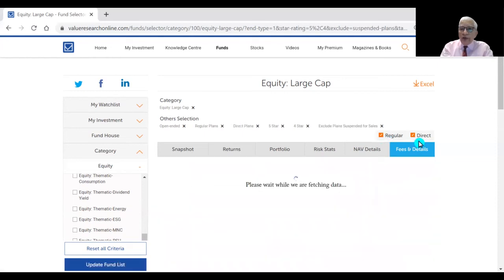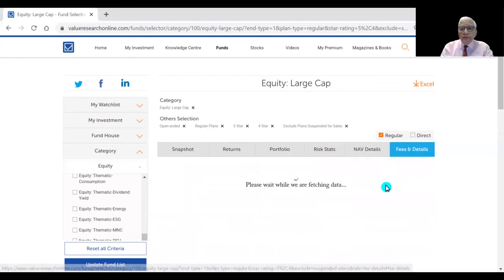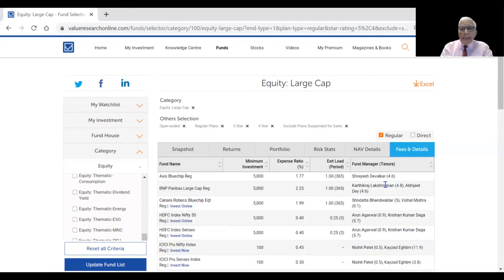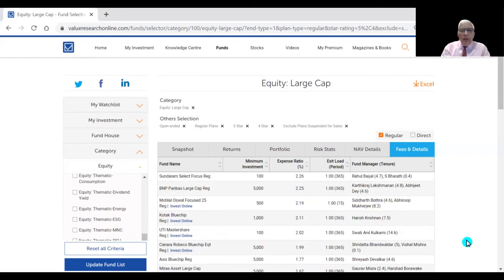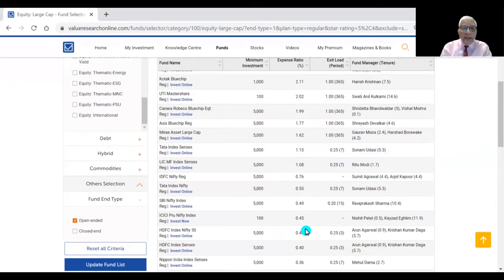For example, in case of regular plans, if I go to fee and other details, and go to expense ratio, the highest expense ratio was in case of Sundaram Select Focus Fund, and the lowest ratio was 0.30 in case of UTI Nifty Index, ICICI Nifty Index, or ICICI Sensex Index.